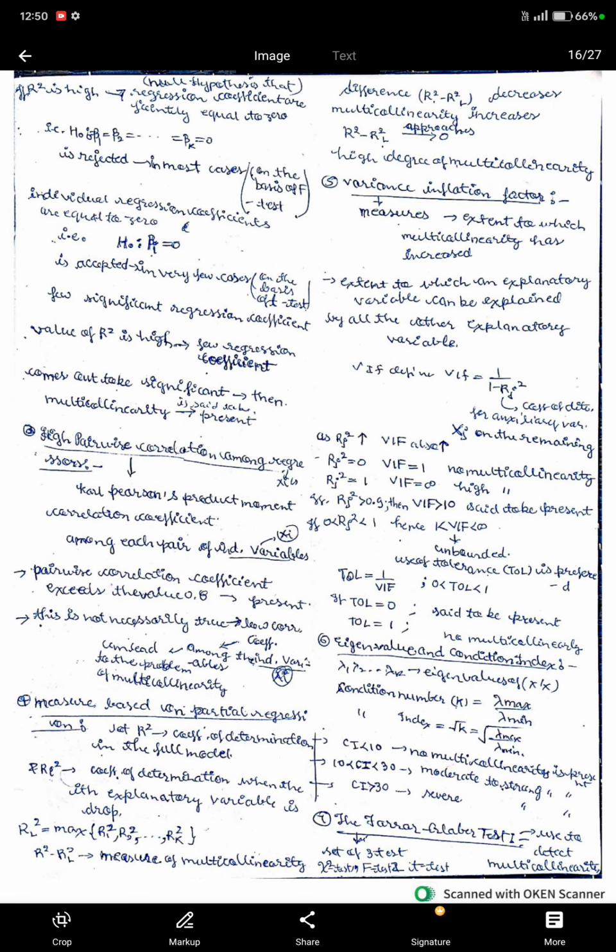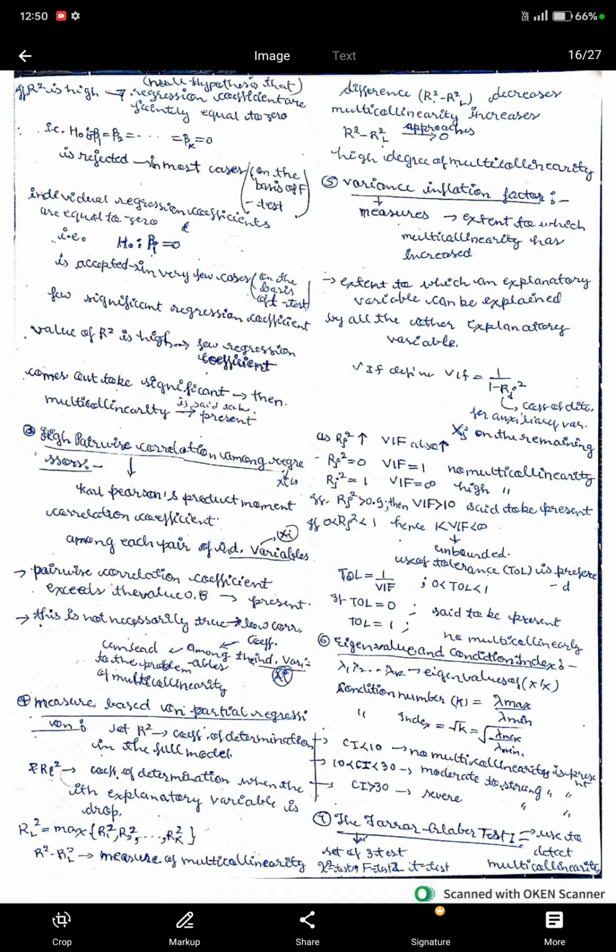Measure based on partial regression. Let capital R square be the coefficient of determination in the full model, and Ri square be the coefficient of determination when the ith explanatory variable is dropped. So RL square equals the maximum of R1 square, R2 square and so on, Rk square.